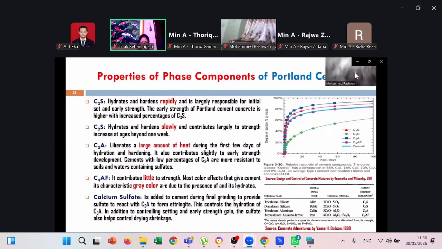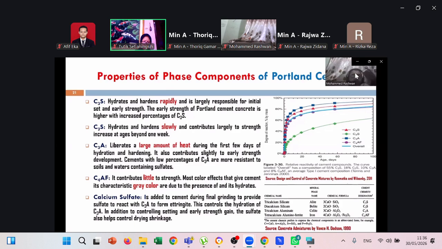The third phase is C3A. This phase liberates a large amount of heat, so this component must be low in the cement, because a large amount of heat may damage mass concrete. The last one, C4AF, is the phase responsible for the color of cement.